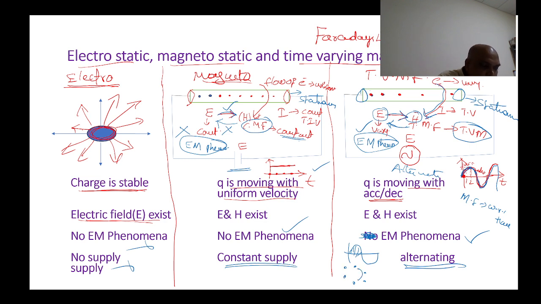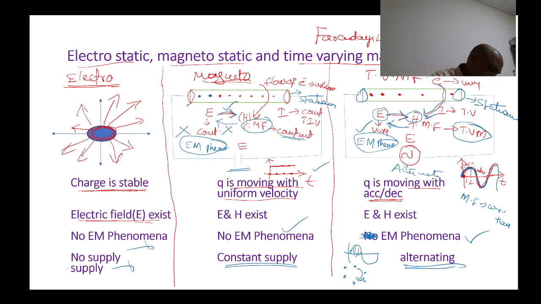Varying with respect to space means initially 0, 90, 180, 270, 360, anti-clockwise or clockwise, quadrants. Clear? So the final conclusion is, if one quantity is stationary, another quantity should be varying with respect to time or space. Then only Faraday's law will exist. This is the conclusion of electrostatic, magnetostatic and time varying magnetic field.